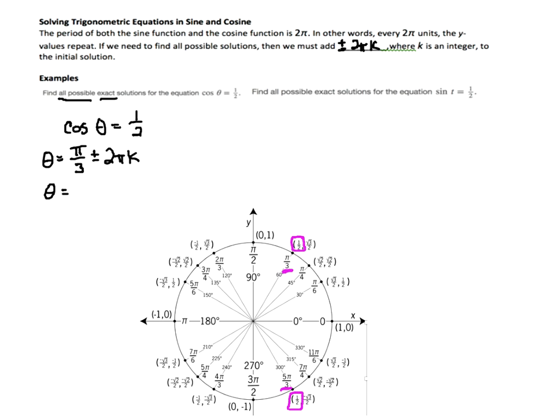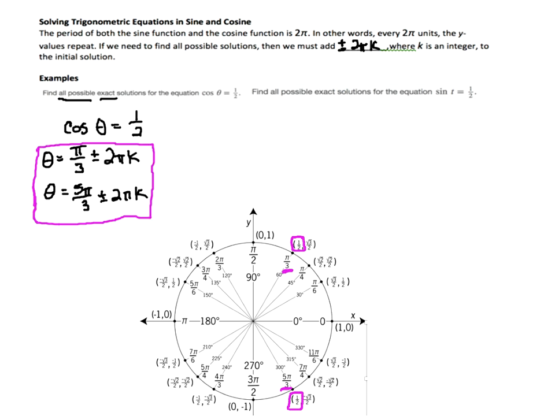Or theta can also equal 5 pi over 3 plus or minus 2 pi k. Those are all possible exact solutions for theta.